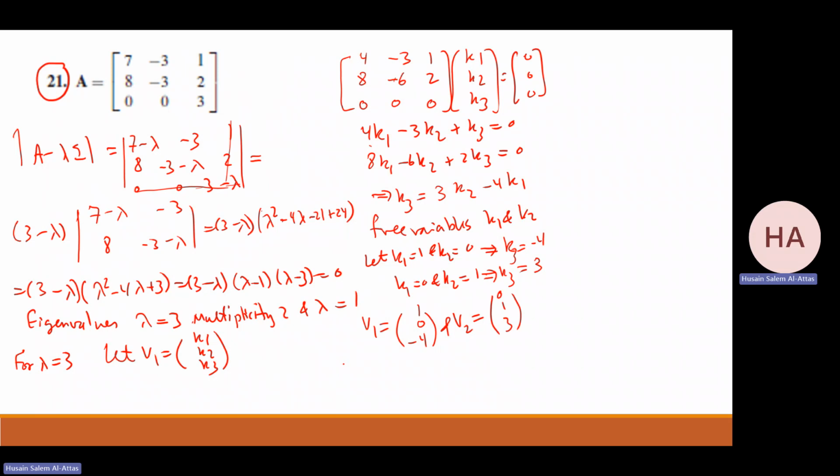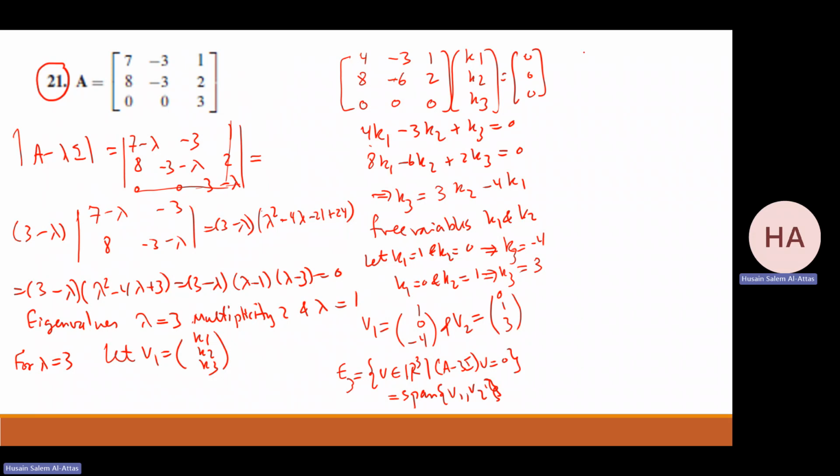So I have now an eigenspace since I have dimension 2. So E, what is it? What is the lambda? 3 will be all V in R3 such that (A minus 3I)V equals 0. And that will be spanned by V1 and V2.